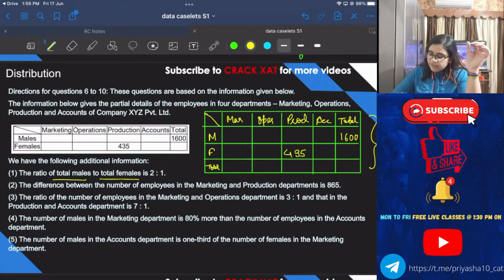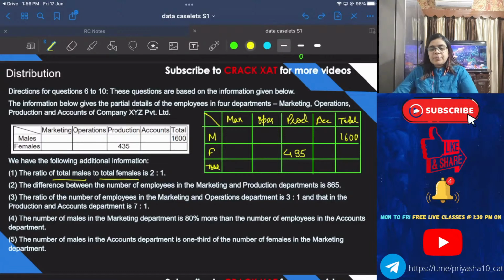If the total number of males are 1600, you can determine how many females would be there by the information number 1. But you cannot determine the number of males in production by the information number 1. Because that's not the correct ratio we have. Okay, so please do not do a mistake in that. None of you should do that. By any ways, if you are doing this, please recheck that.